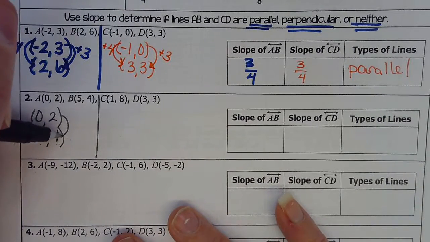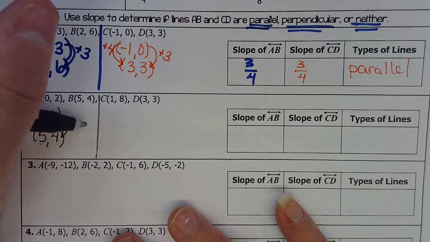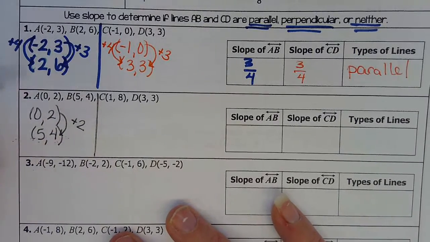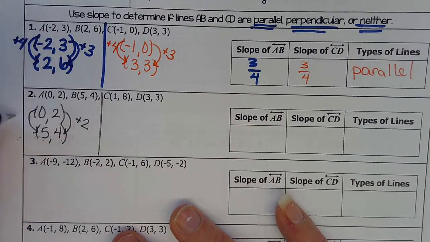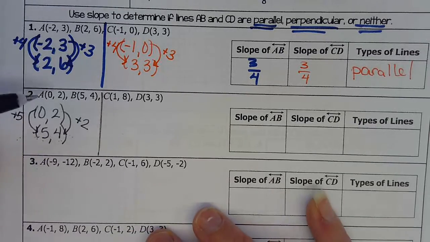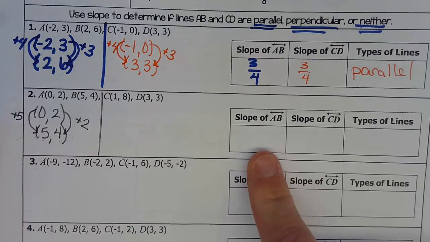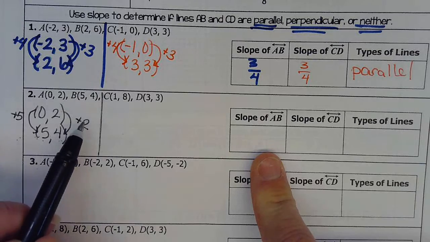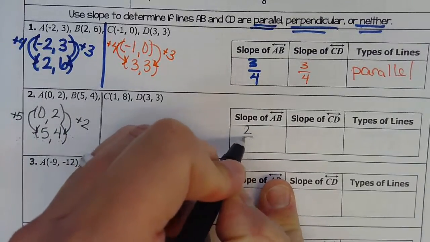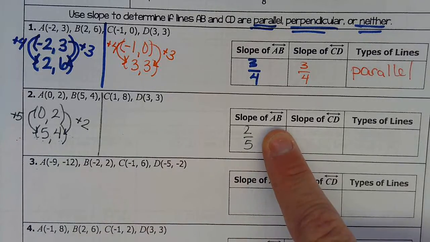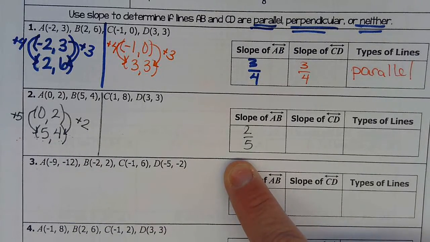To go from 2 to 4, you go up 2. And then to go from 0 to 5, you go up 5. So to write my slope, you go right over left. So I do 2 over 5. So the slope of AB is 2 over 5.